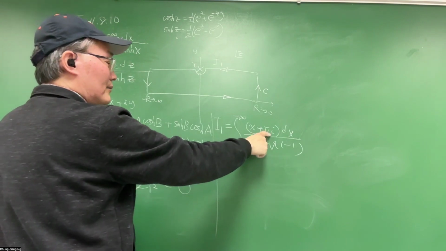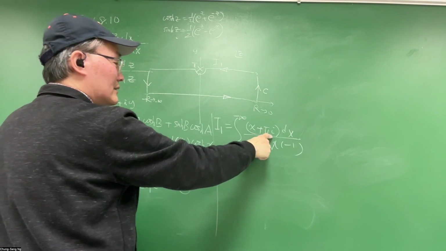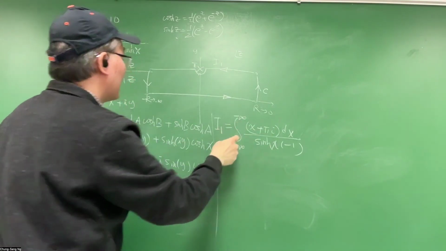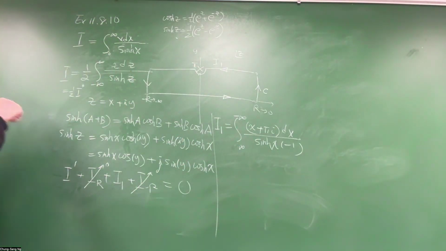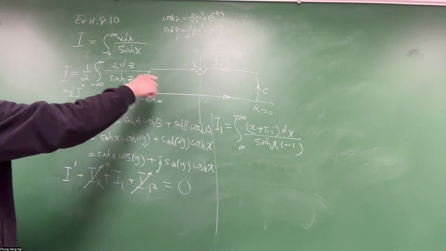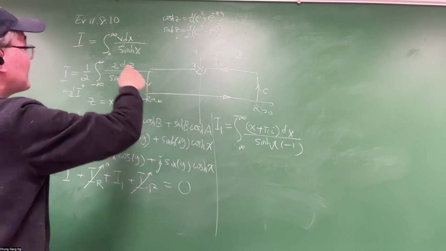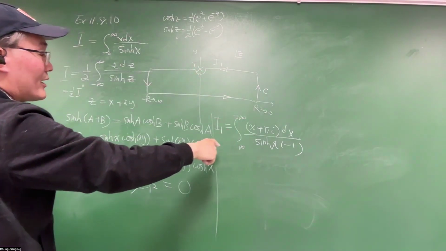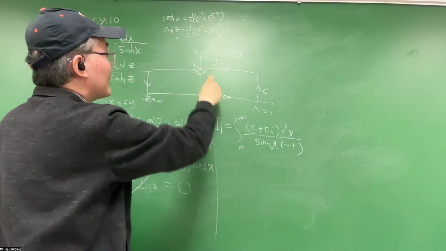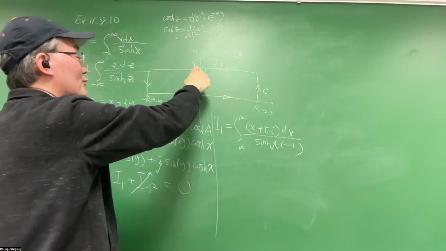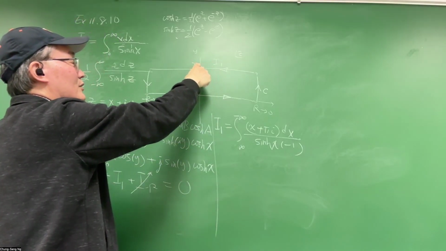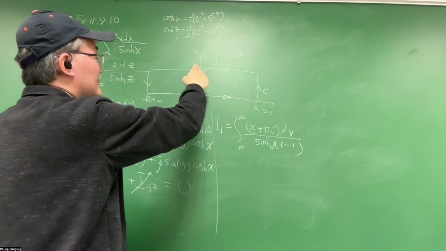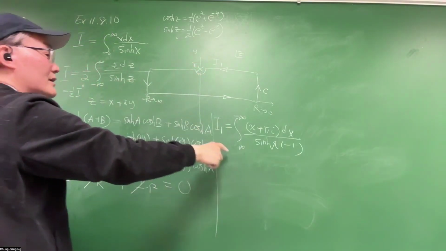The argument is that it looks like it hits the pole, but if you realize there's no singularity in this, you can just take the principal value. If you do the same thing here, basically in the loop, you stop a little bit before the pole, go around, and resume at the same distance away.